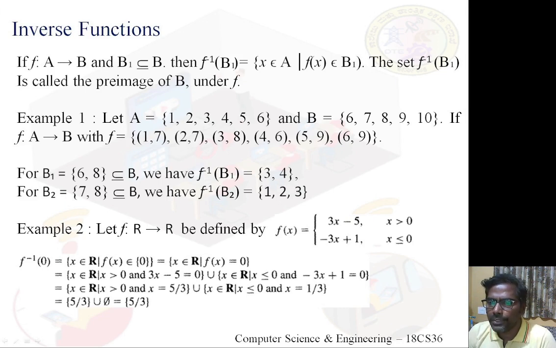Let f be a function from set A to set B, where domain is A and codomain is B. The ordered pairs of this function f are (1, 7), (2, 7), (3, 8), (4, 6), (5, 9), and (6, 9).